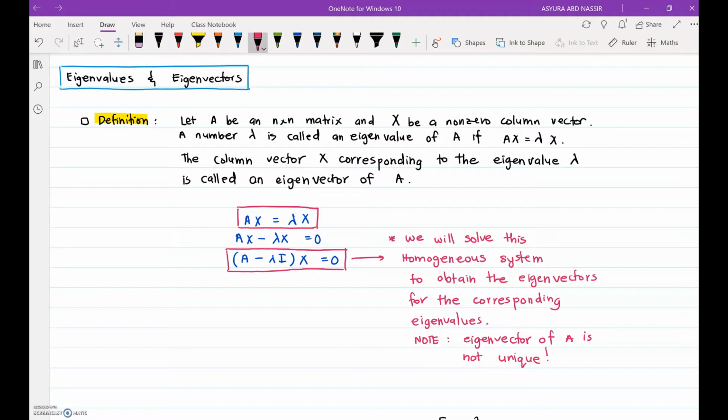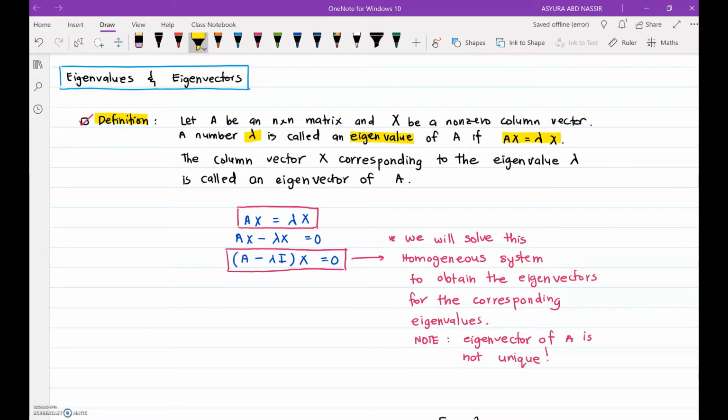So the definition given here is, let A be an n times n matrix and let x be a non-zero column vector. A number lambda is called an eigenvalue of A if Ax equals lambda x.